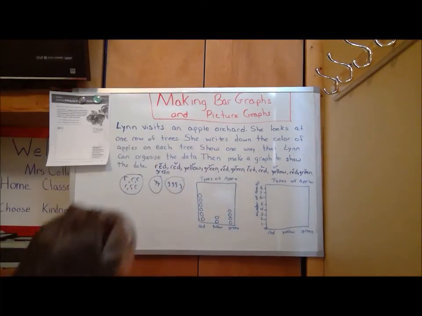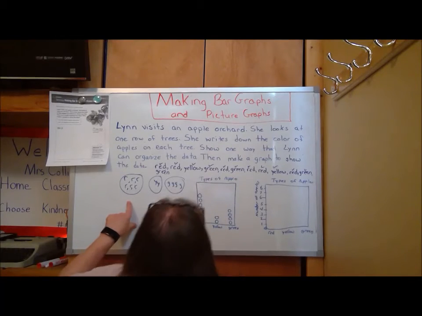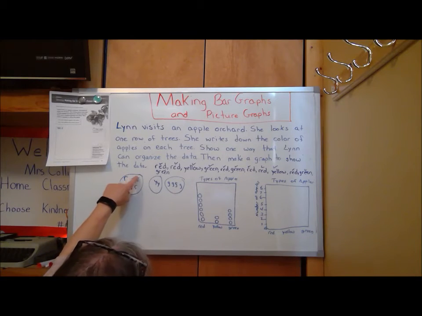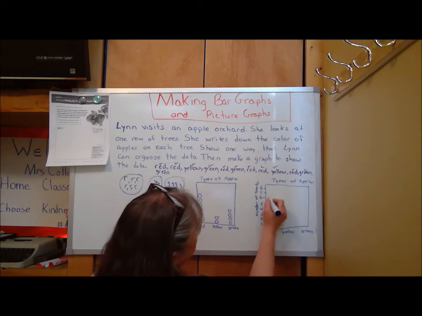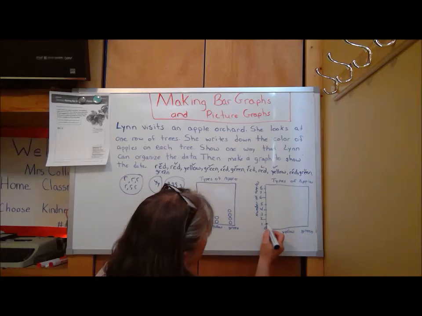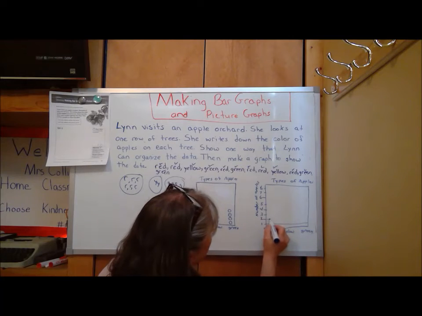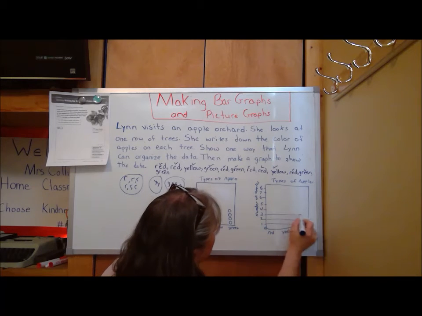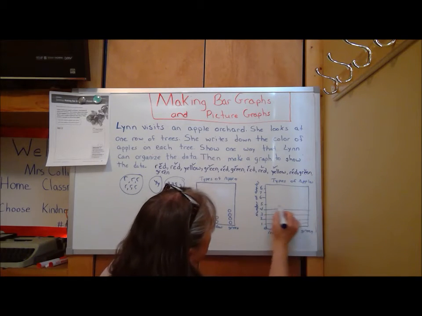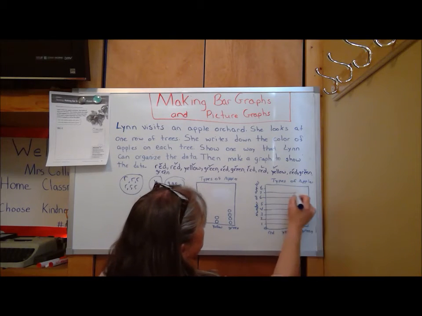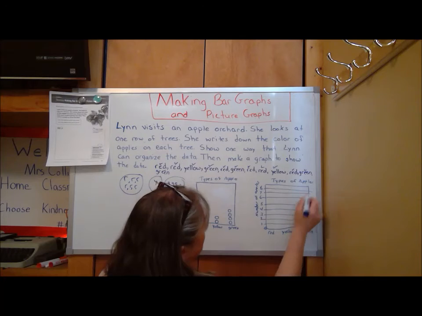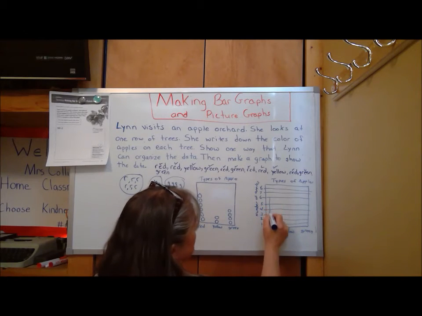All right, so now I'm going to look over here and I'm going to count 1, 2, 3, 4, 5, 6. So I'm going to go like this. And actually I'm going to draw myself some little lines across, so that I have the same number going across. I'm going to go to my 6 and go down.